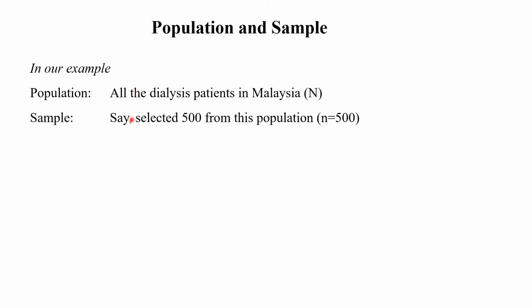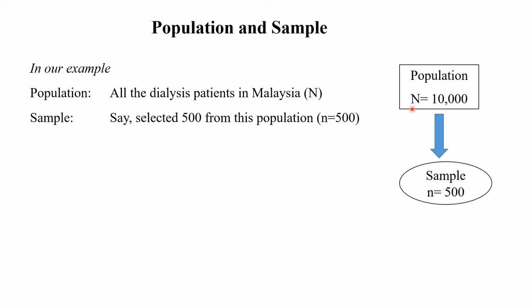So we take a sample. Let's say a sample size of 500 from this population. Capital N refers to population size. Small n refers to sample size. So we take a sample of size 500. All right? So this is manageable. We can't be studying everybody unless the agencies or the government want to do it. Even then, they resort to a sample.